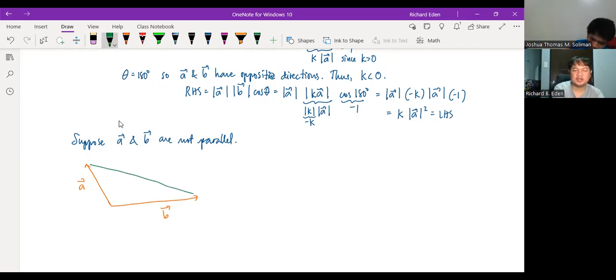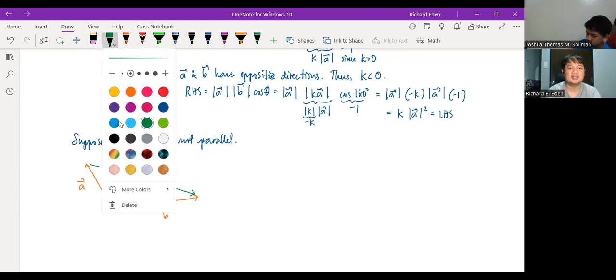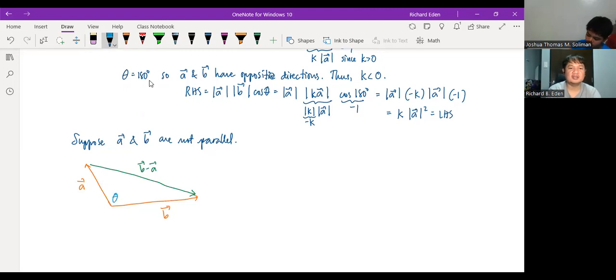This green vector, okay, that arrowhead. What is that? Is that A plus B or A minus B or B minus A? B minus A. Correct. B minus A. But hey, what we get is a non-degenerate triangle, and angle theta is here. Theta is opposite the green side.